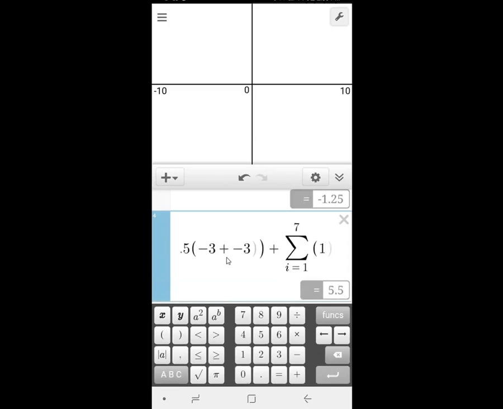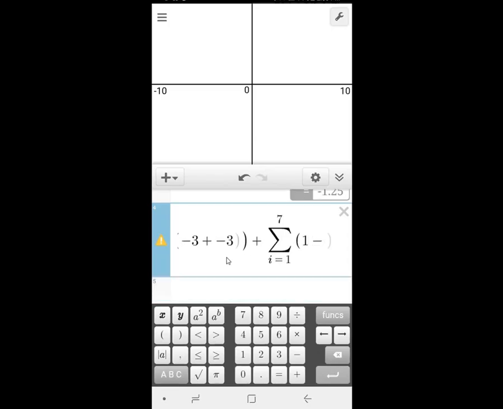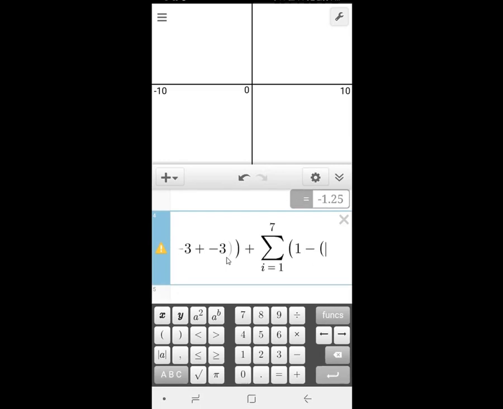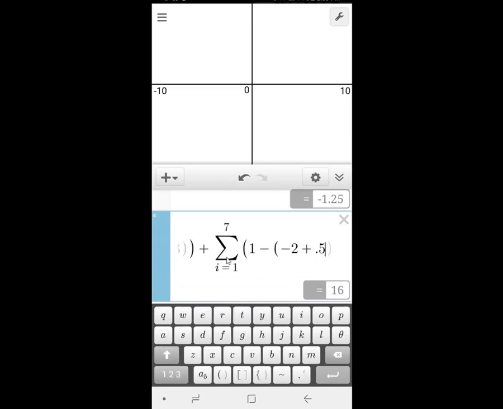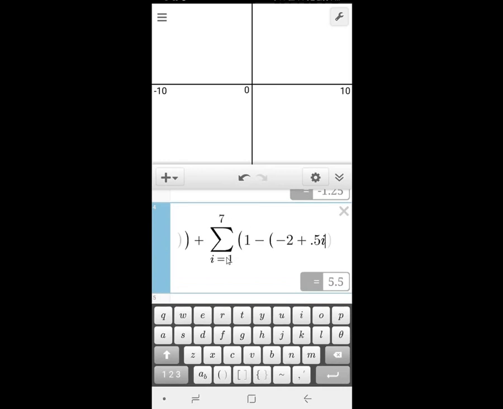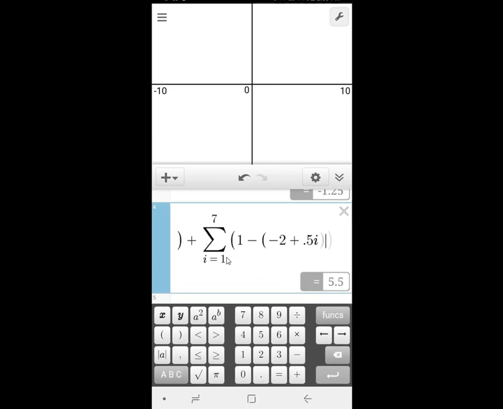All right, so it's 1 minus another set of parentheses, -2, which is our a, plus 0.5i, and outside of that parentheses is what's being squared, not the 1, but what we're plugging in for x.